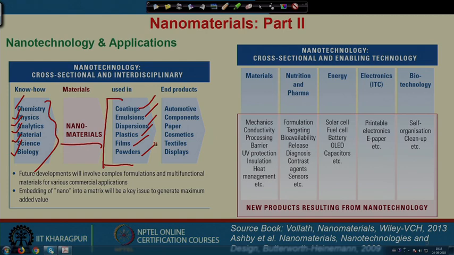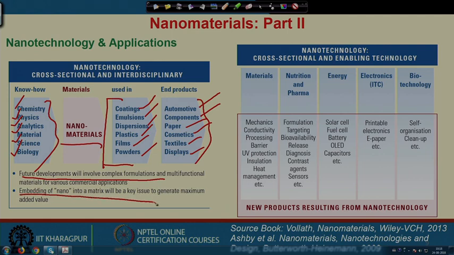You can see the end products could be used in automotive components, paper, cosmetics, textile, display. So, a very wide range of application, and we need large future developments for complex formulation of those materials.